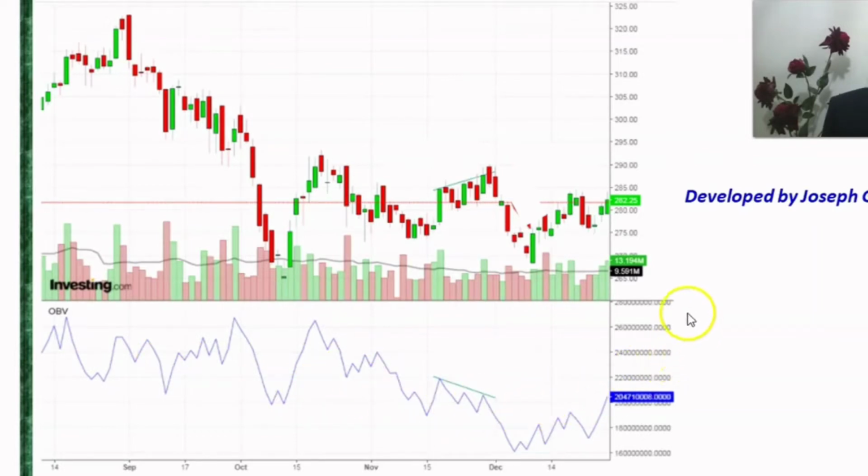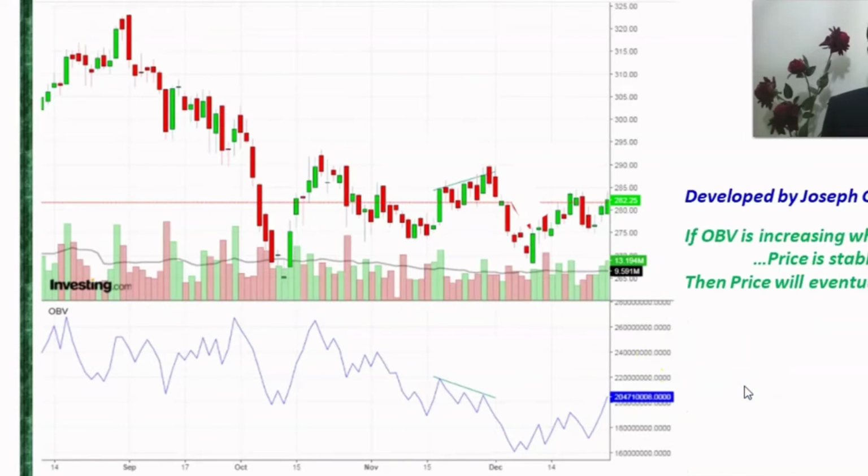Alright, now let us see what this graph tells us. The theory of Joseph Granville says that if the OBV is increasing when the price is stable or going down, try and understand this.